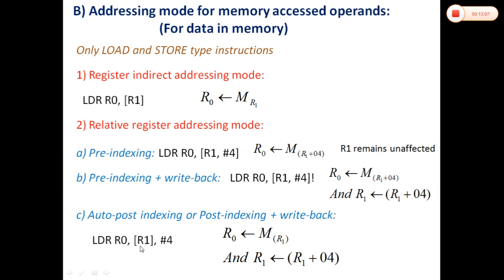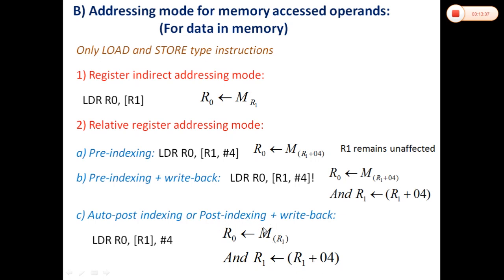In this case, the base address is used to copy the operand from the memory into the destination register. After that, R1 will be modified by adding this immediate number to it, and the result will be stored in R1. So here the indexing is done after the copy of the data from the memory to this register. That's why it is called post indexing.